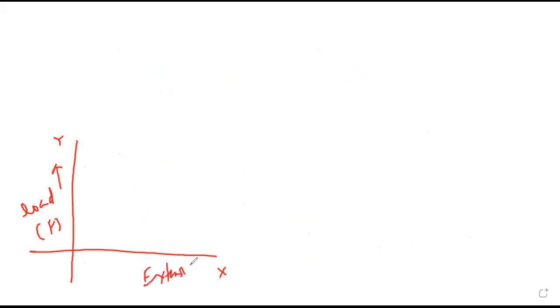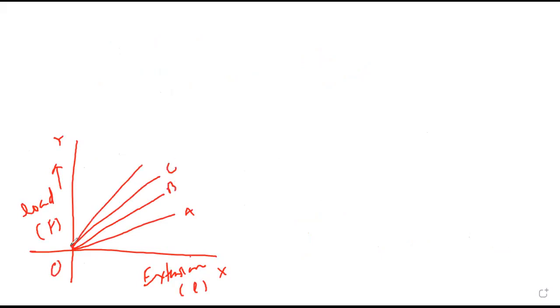Extension means elongation L. Four graphs are given: OA, OB, OC, OD. Whenever you see more than one graph, think of slope. What is slope here? F by L. Y upon X is called slope.